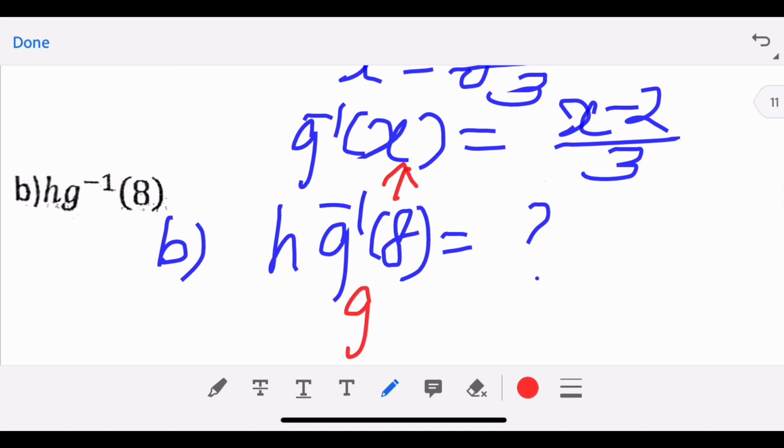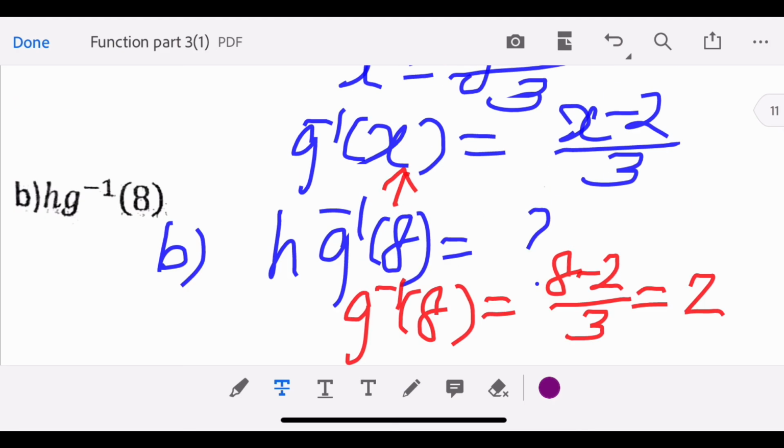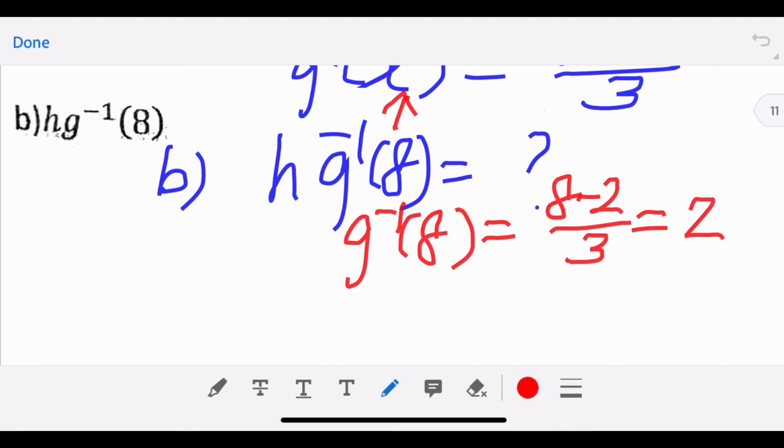That means g inverse of 8 is (8 - 2)/3, so I will get 6 over 3, which is 2. So h(2), instead of writing g inverse of 8, I will write h(2).